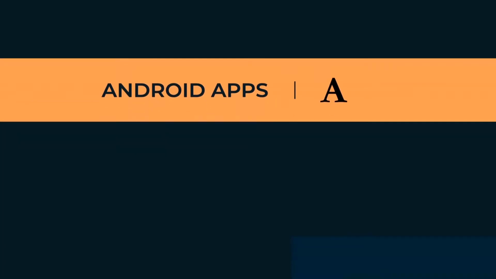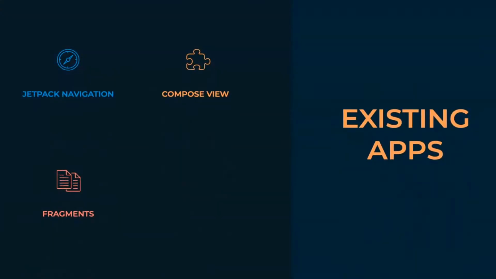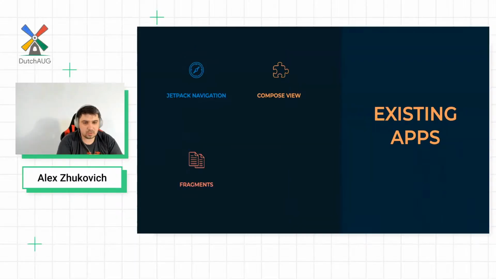So we have two approaches. One approach is how we should think about adding Compose to an existing application, or if we're lucky to start a new project and we want to use Compose in this project, we can also do it, but it will be two different cases. So let's at the beginning speak pretty shortly about existing applications.